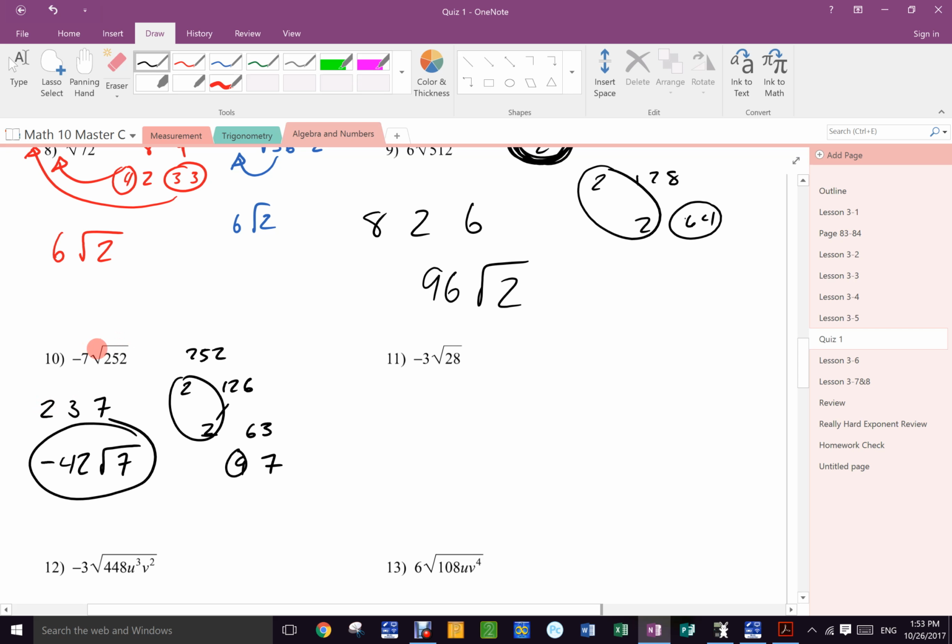Because I'm looking for things that are too big. 9 breaks down into 3 and 3. There's a second group. I'm only stopping there because I know that the square root of 9 is 3, so I know I can bring a 3 out. Okay? 7 was left over. It doesn't break any smaller. There was a 7 under there, but there was a 7 out front already.